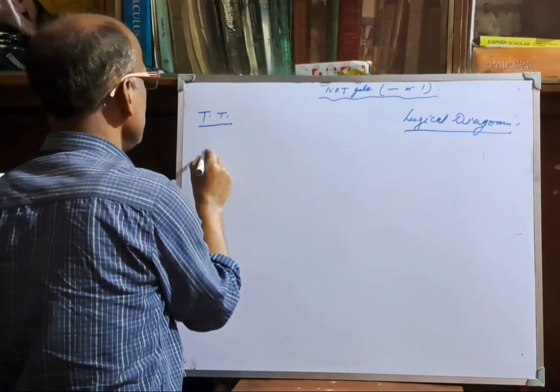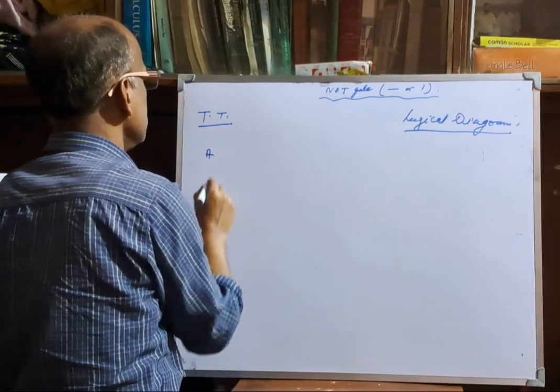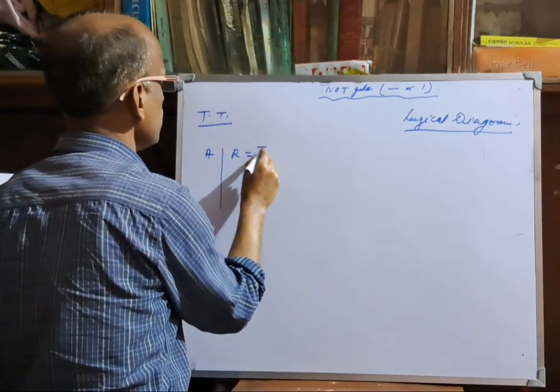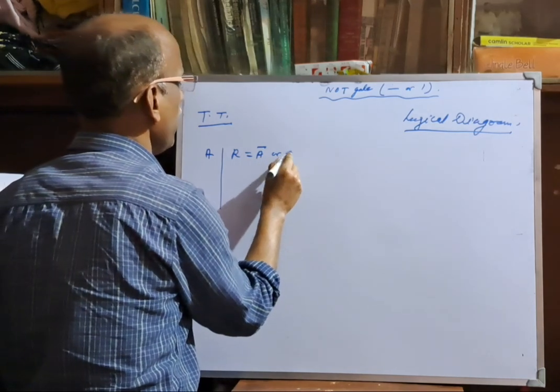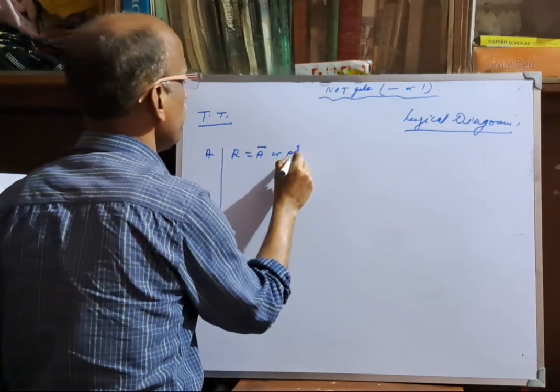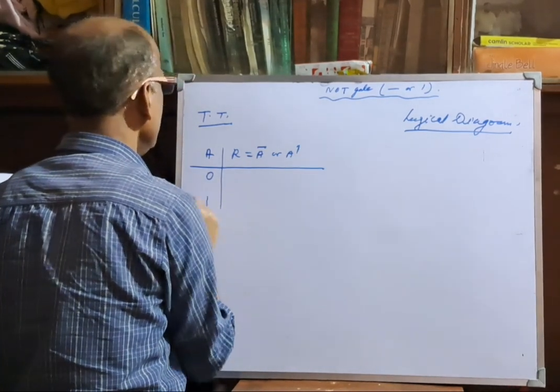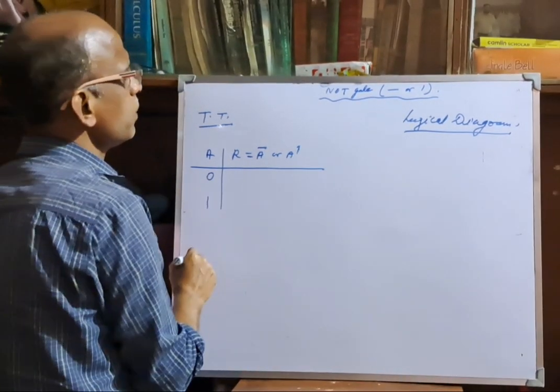Here I will take only one input A, and here I will take A naught, or A bar. In this way you can also express it. Suppose I am taking A as 0 and 1. Why have I taken 0 and 1 only?